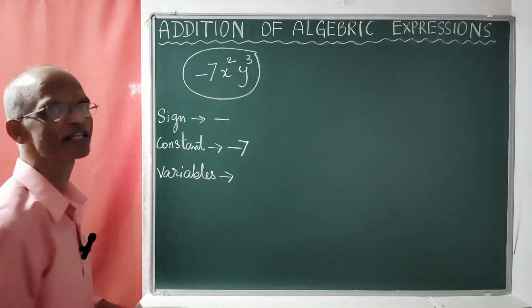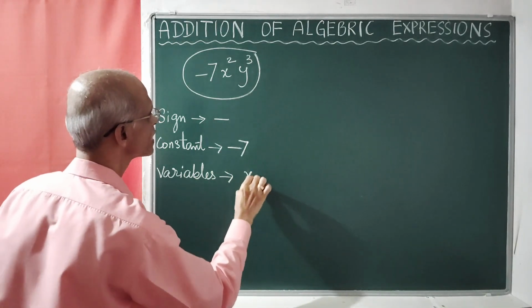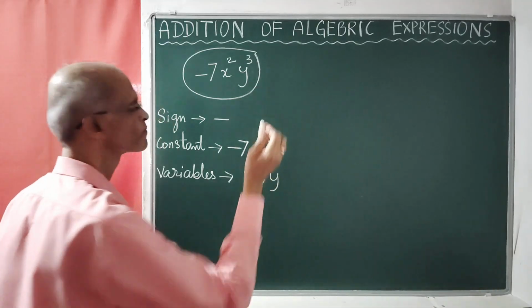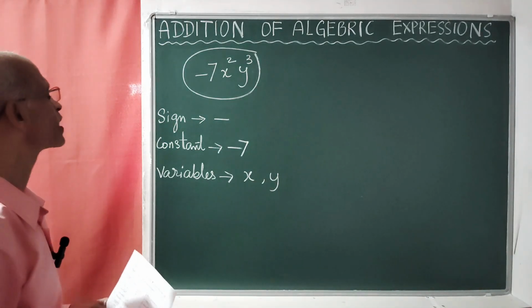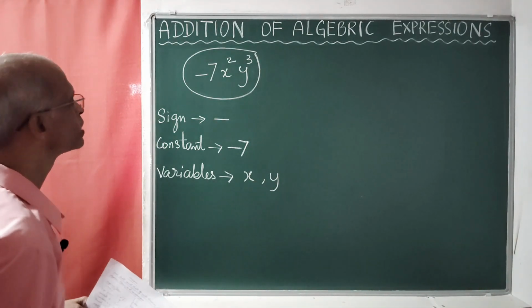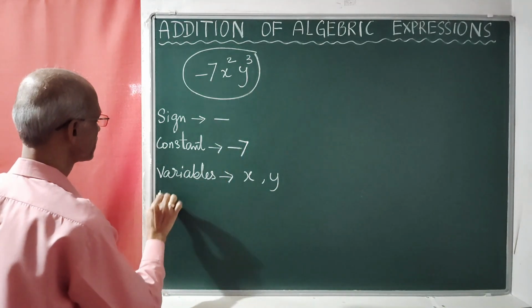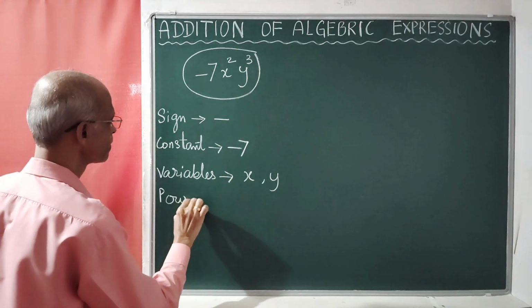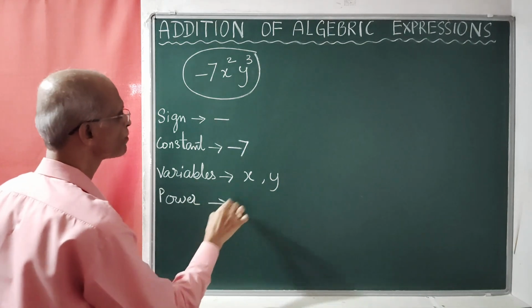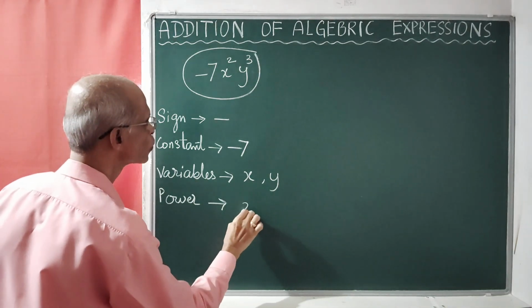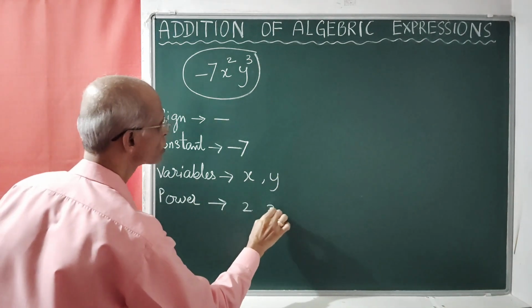In this case, the variables are x and y. Every variable will have power. In this case, the power of x is 2. The power of y is 3.